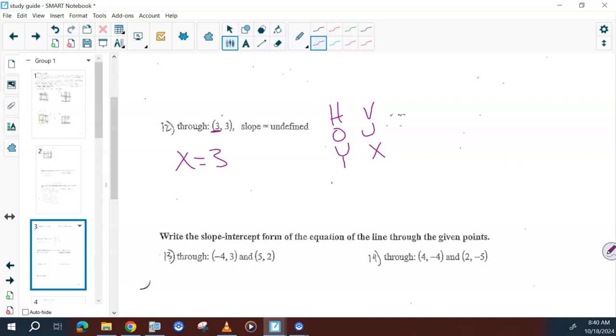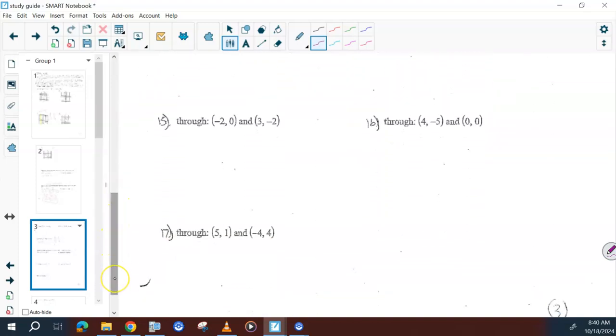Maddie? 15. So in all of 13 through 17, we're given 2 points. So now we have to find the slope first. Our y2 minus y1 over x2 minus x1. Use our slope formula.